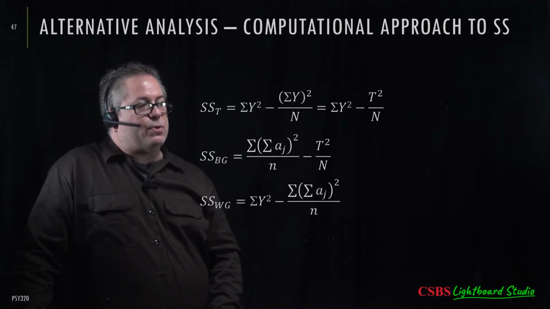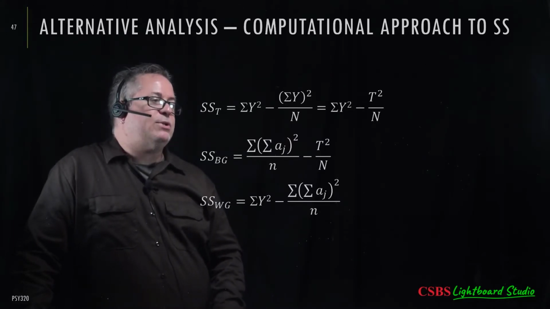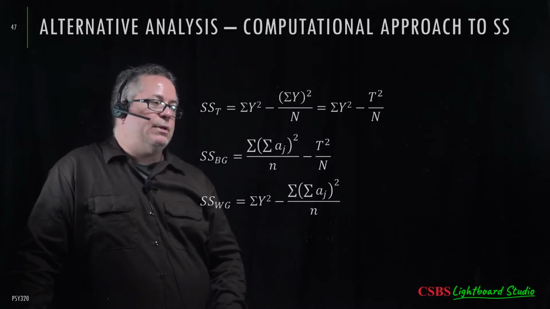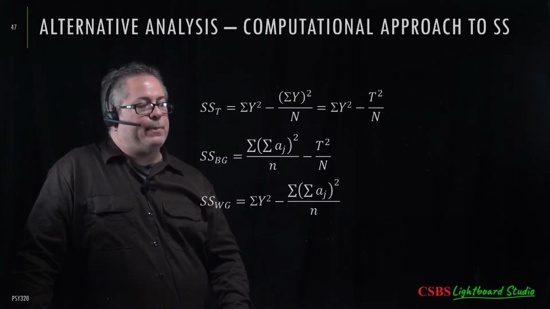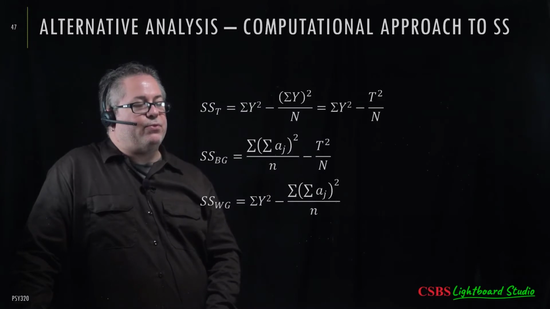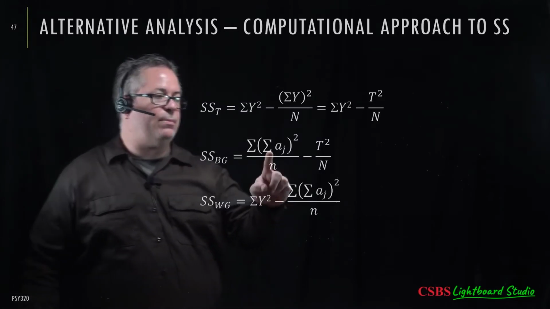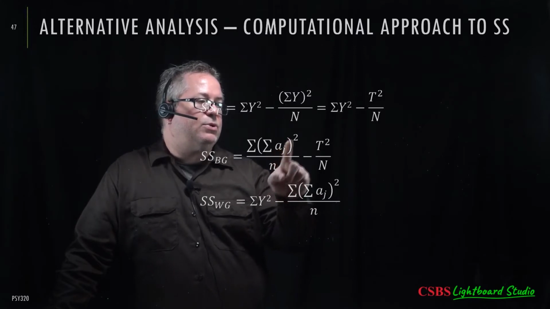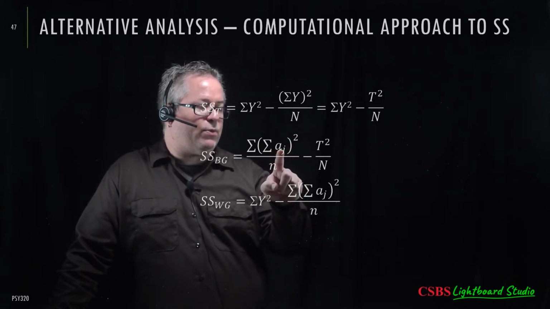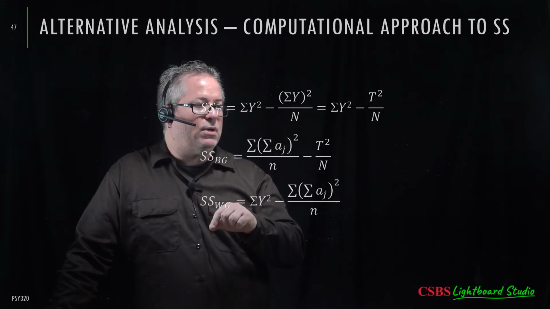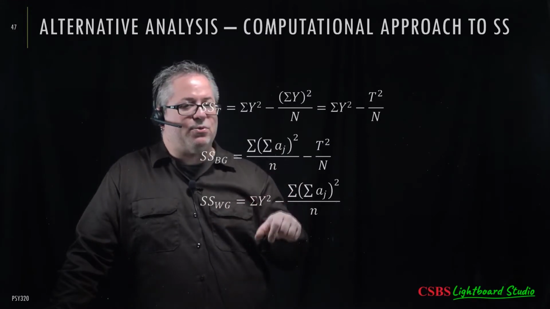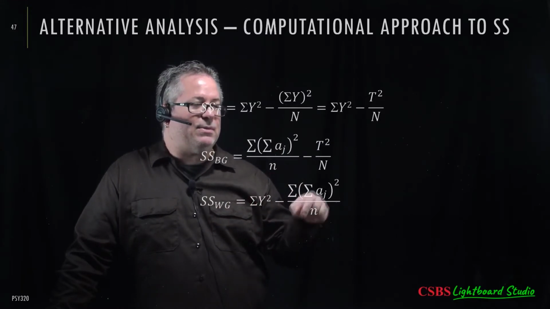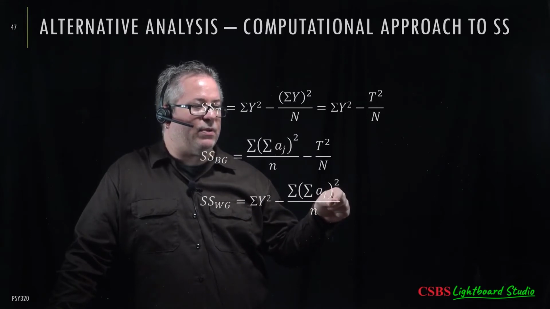So the sum of squares total is the sum of y squared minus the total squared over n. Then you get the sum of squares between groups, where this is the sum of each group, aj, squared. So I'm going to sum group 1 and square that number, sum group 2 and square that number, sum group 3 and square that number.